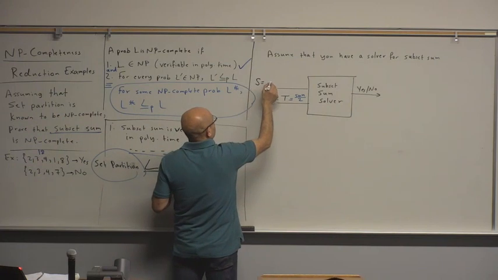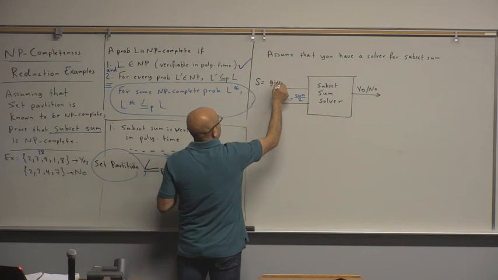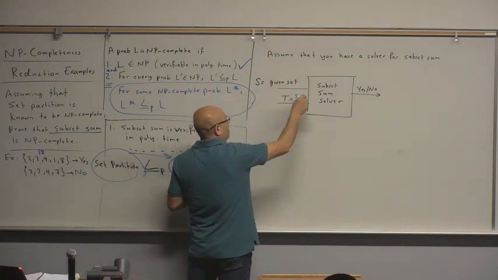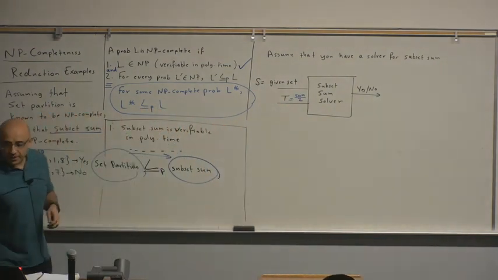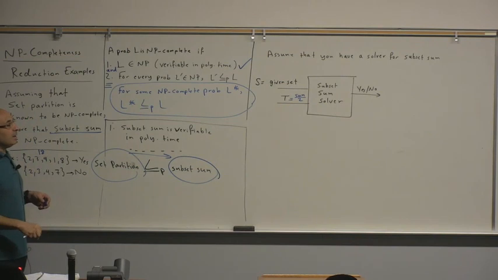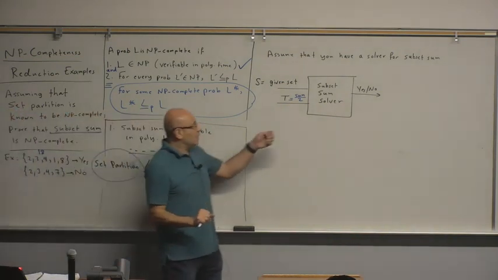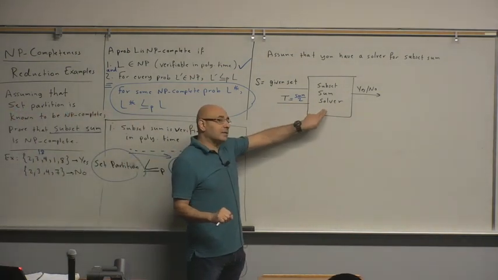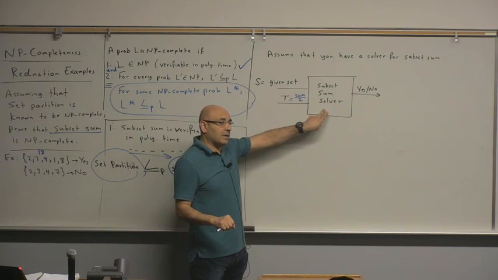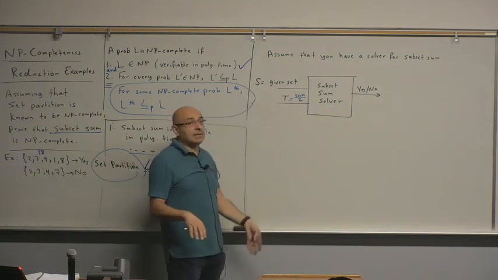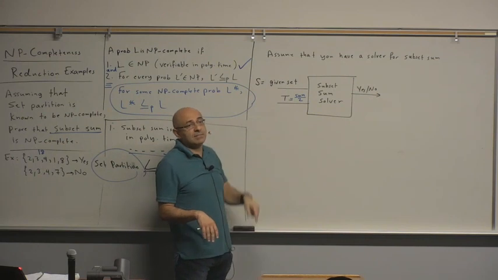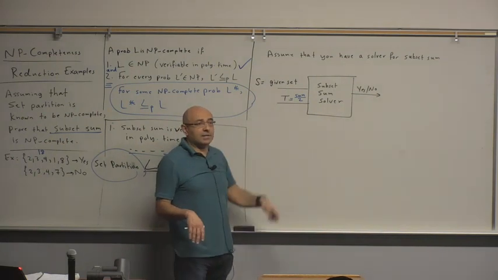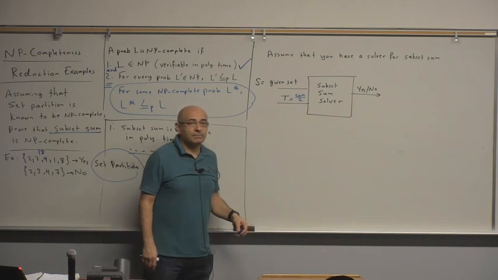S equals the given set, and T equals the sum divided by 2, and that's it. So it's very easy to see how we can do this. I give you a solver where you give it any target you want, and it tells you if there is a subset with this sum or not. So if you want to split this set into 2 equal parts, you just give it a target of half the sum, and it will tell you if it can be split in half or not.